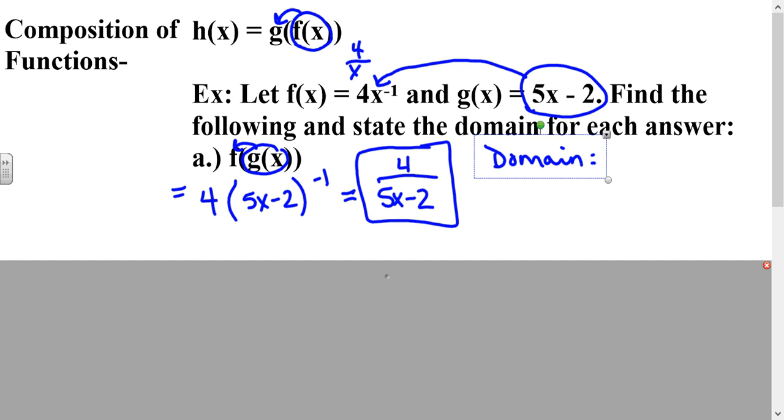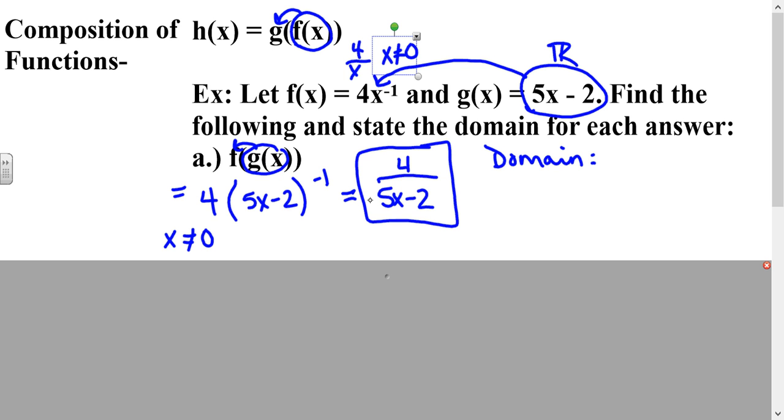So that's going to be that way for the entire set that we're working on. We know we can't plug in 0 no matter what, because the original function had that. Okay, so then I can't plug in 0, so I'm going to write that down here. X cannot equal 0, and we'll write it up here too. Okay, and then this one was all real numbers, so we're good with this one.